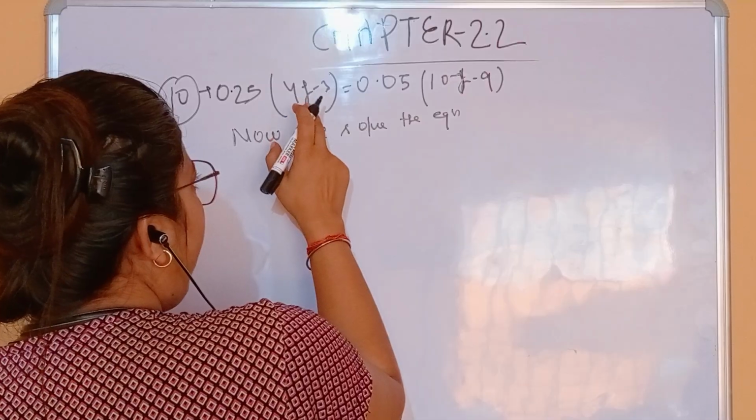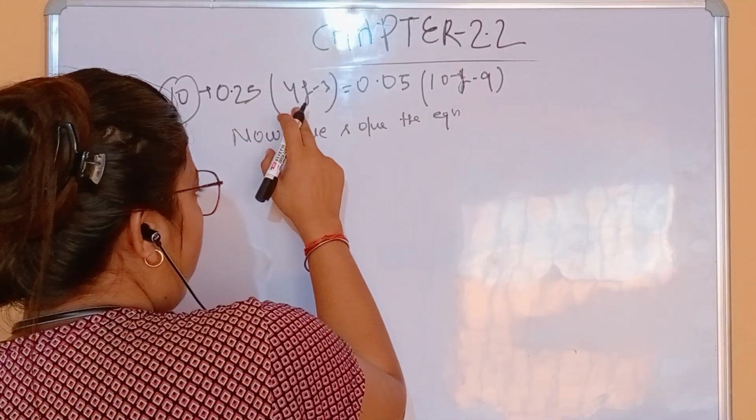First multiply the bracket: 0.25 by 4f and minus 3.